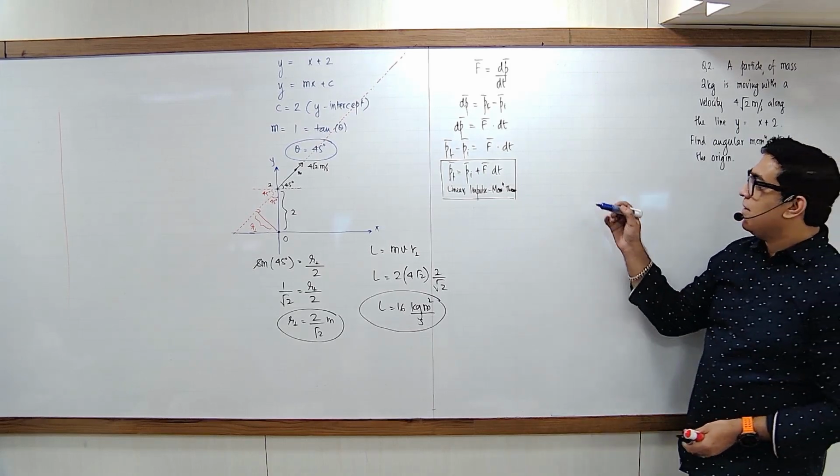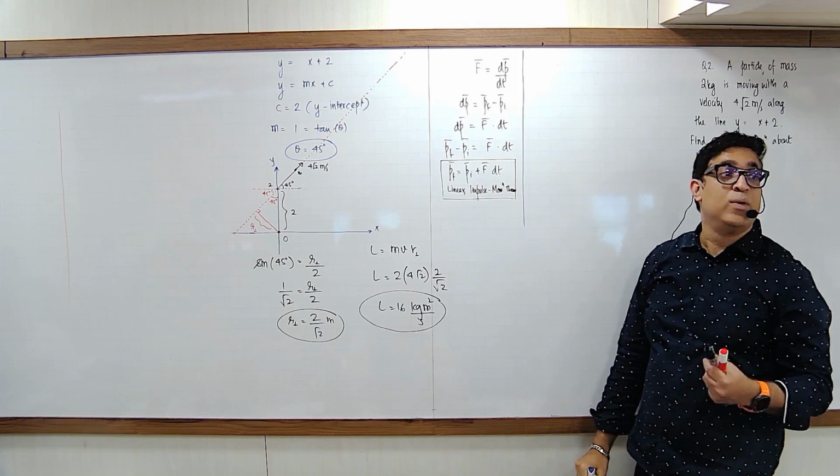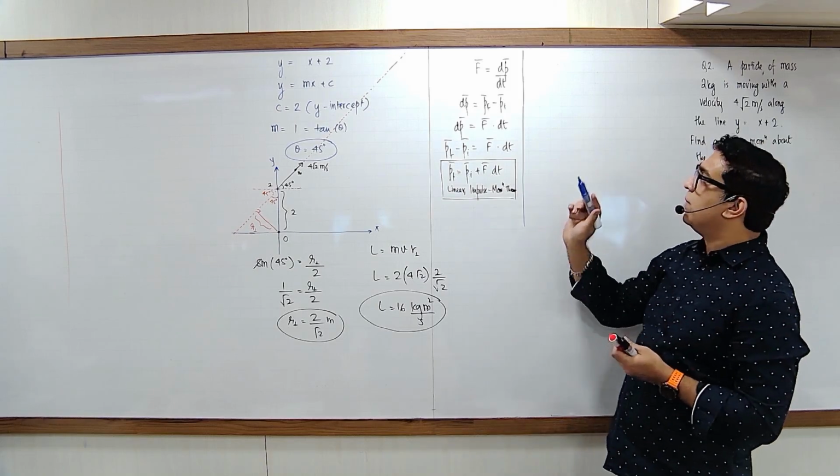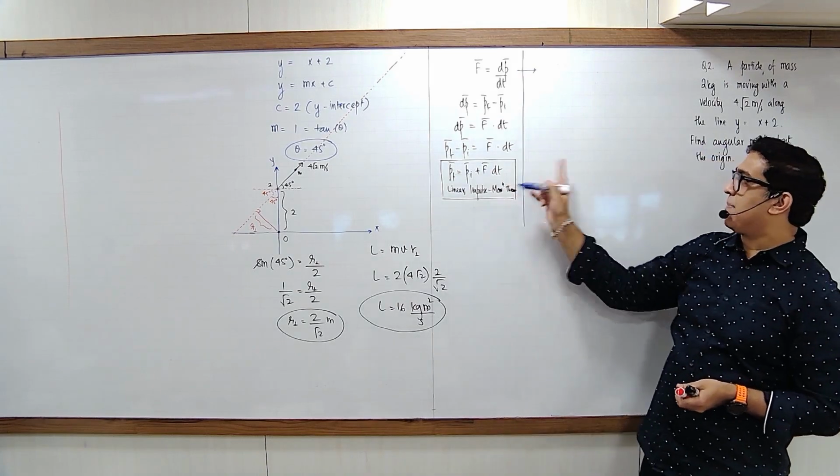After that we'll look at rotational motion. Come on, stand up. Maybe you know everything, that's why. Tell me, what should I write? Look, I wrote in black, what should I write in blue?